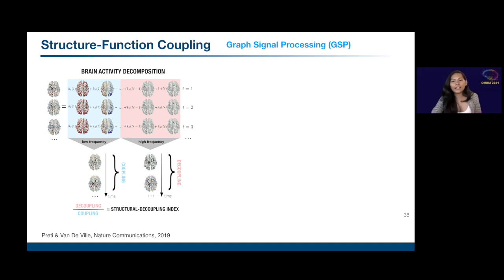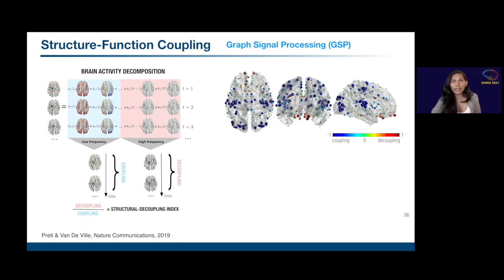Then they introduced a single metric known as the structural decoupling index that takes the ratio between the decoupled versus the coupled. This single metric tells us which regions of the brain are most likely to be coupled or decoupled with structure.